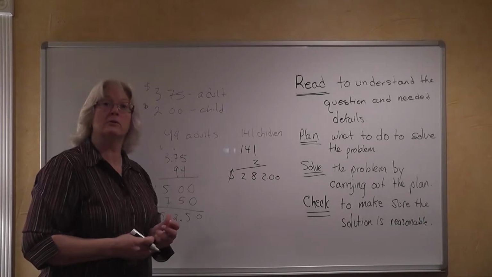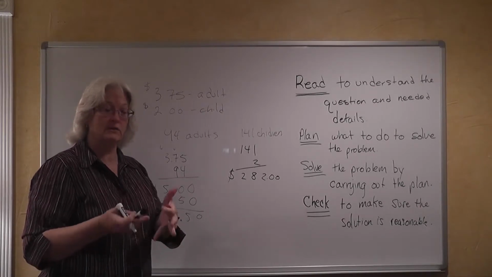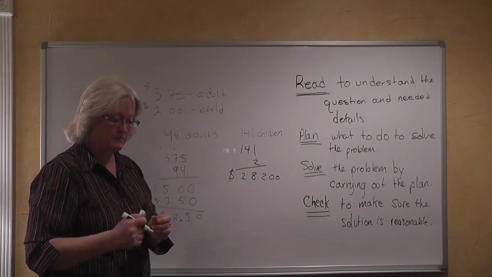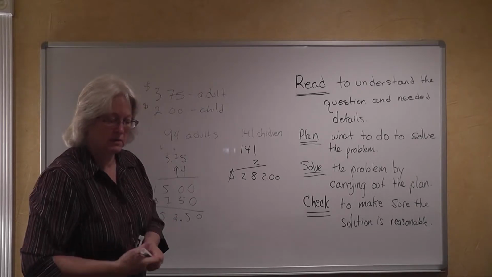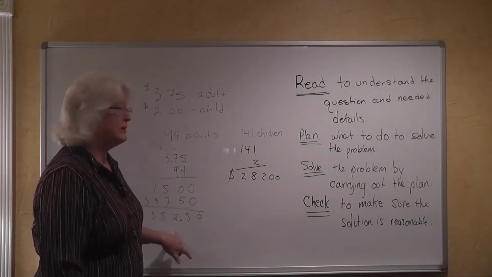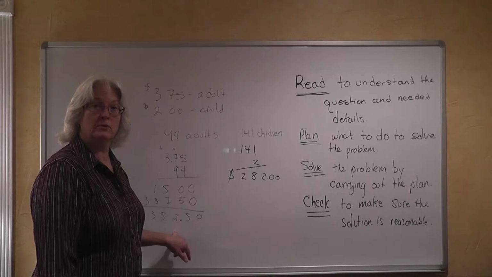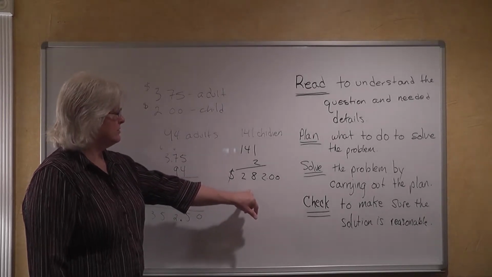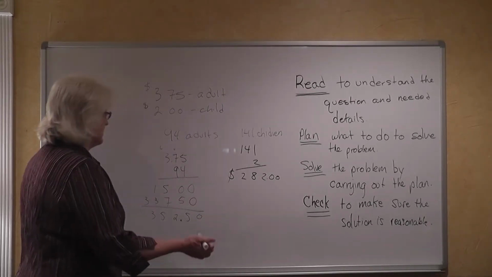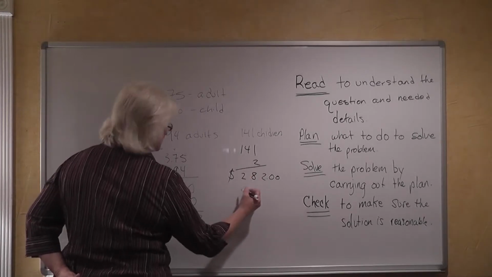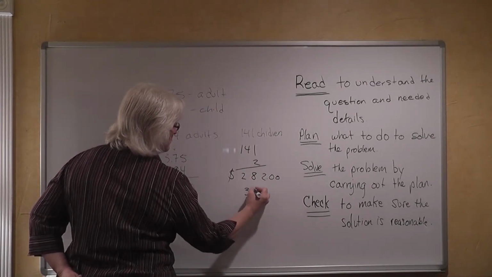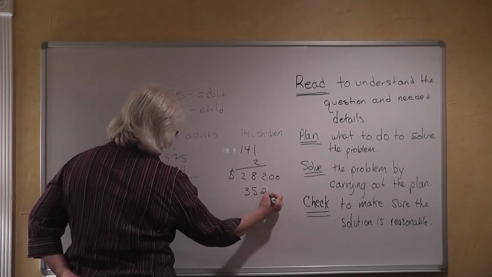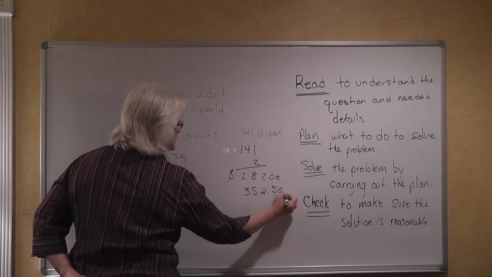How do we find the total amount of money collected at this play? Add the amount of money collected for the adults to the amount of money collected for the children's tickets. $352.50.